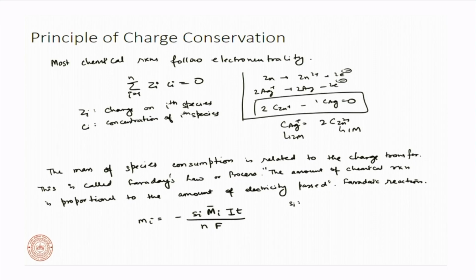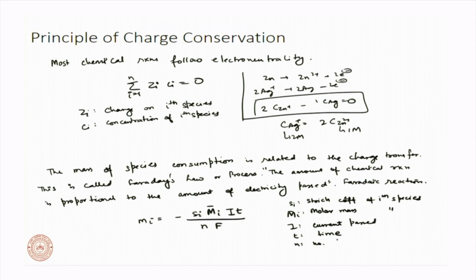So, where S_i is the stoichiometric coefficient of the ith species, M_i is the molar mass of the ith species, I is the current passed, t is the time, n is the number of electrons in the reaction, and F is the Faraday constant.